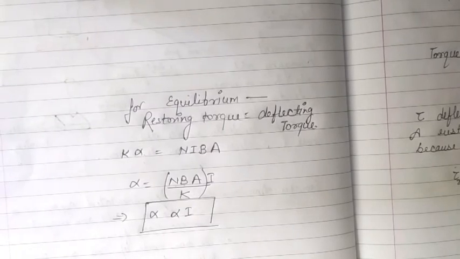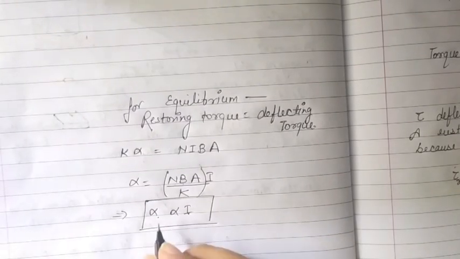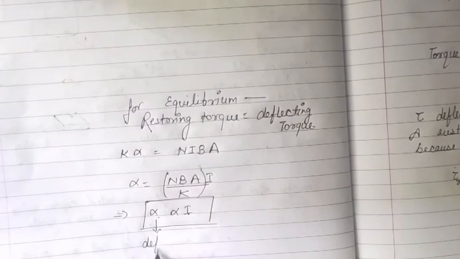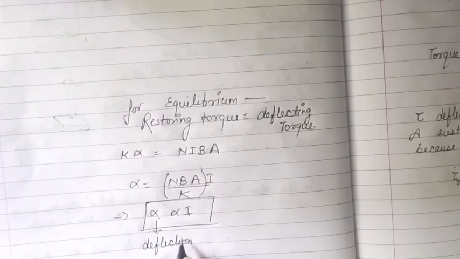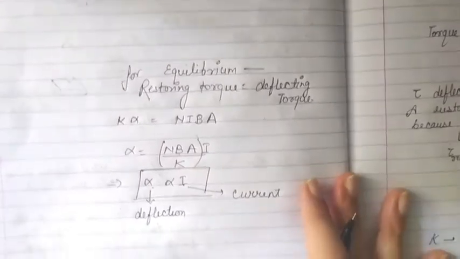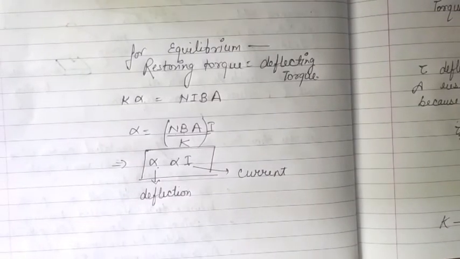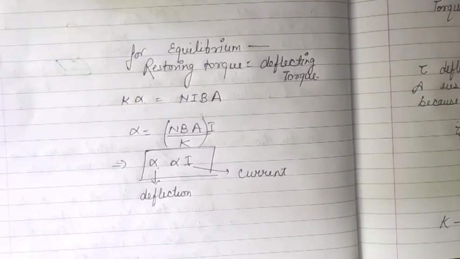So the deflection produced in the galvanometer coil is directly proportional to the current flowing through it. That means the deflection produced is proportional to the current I. If we have a large value of current, there will be large deflection. If we have a lower value of current, then we have less deflection.